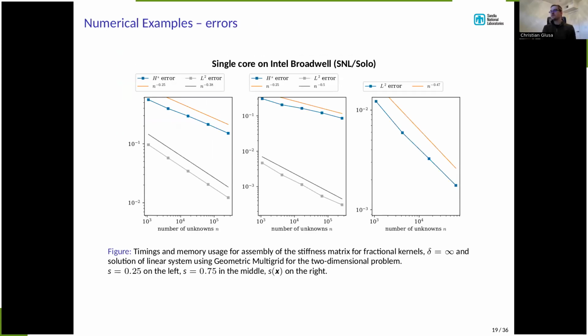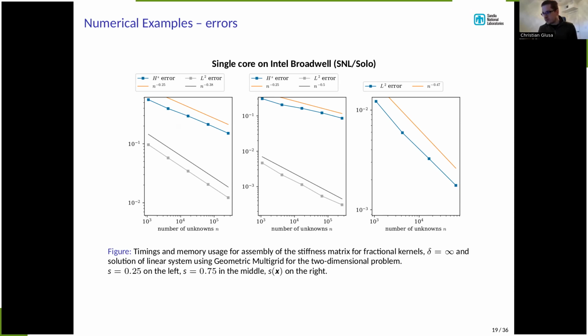All right. So this is the first slide of these numerical results, where I show the error convergence as we scale out our problem. We can see that in all of these cases, the observed rate of convergence, both in the energy norm, so in this case an H^s norm, a fractional Sobolev space norm, or the L2 error, they all match the theoretical predictions that we made.